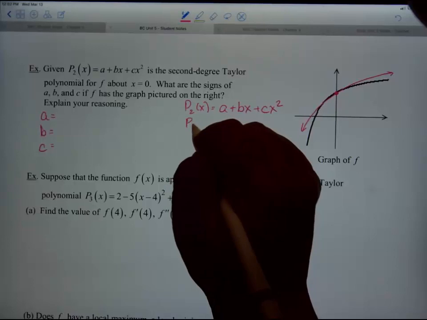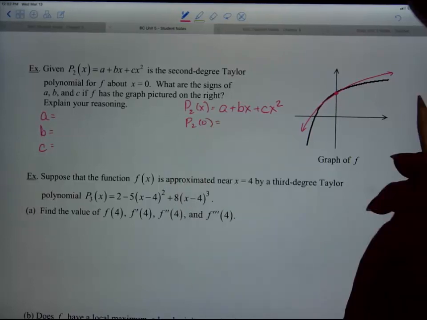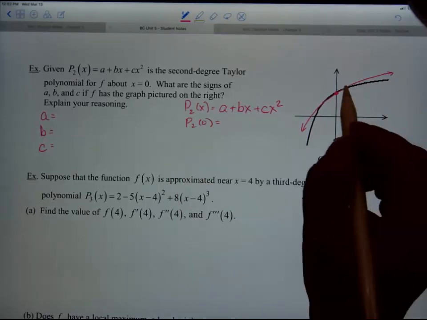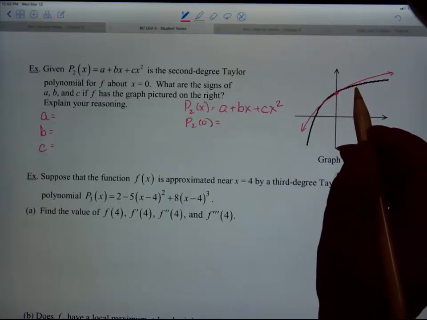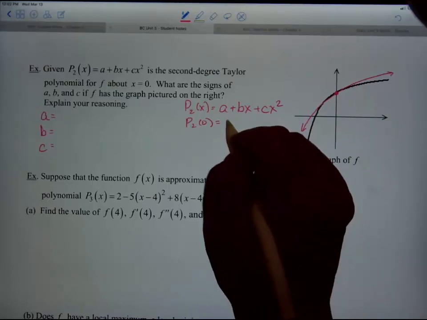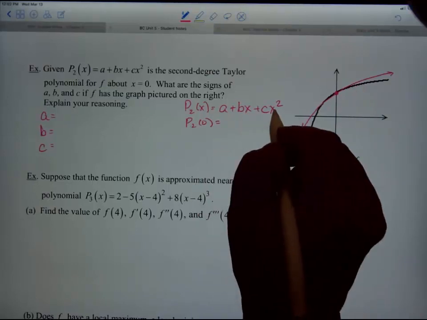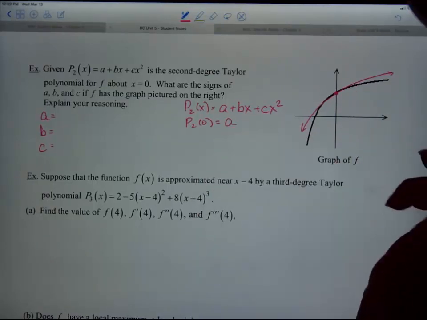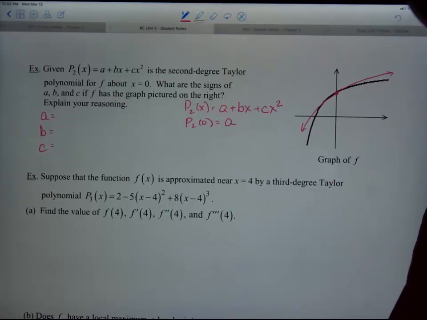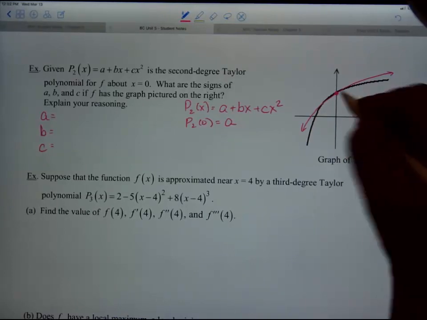If I plug in 0 for x, what am I going to get? I'm going to get a plus 0, which is just a. So this point is the same value as a. What sign is this point right there?